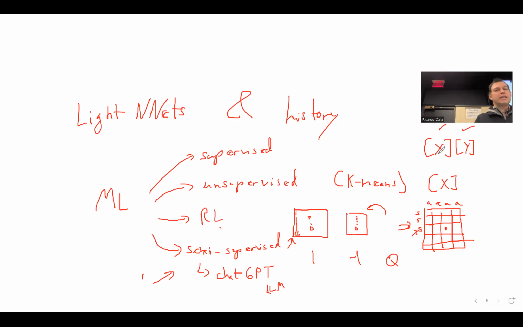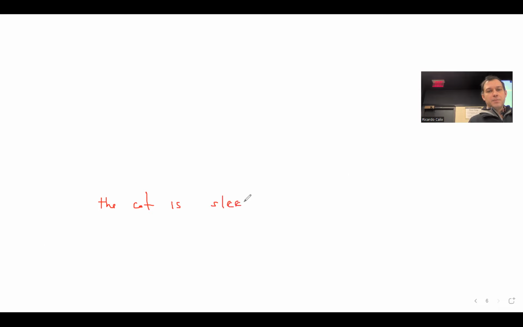Well, as it turns out, in language it's easy to get because we have a lot of language. So I have "the cat is sleeping on," like that. You see that? So this is the input. This is the neural net, the transformer.